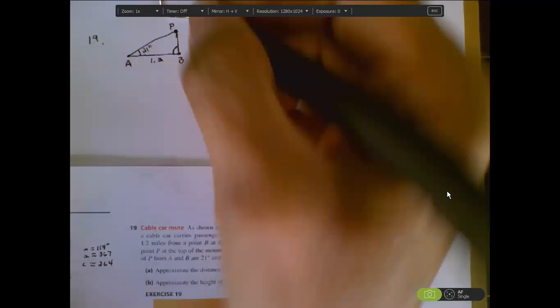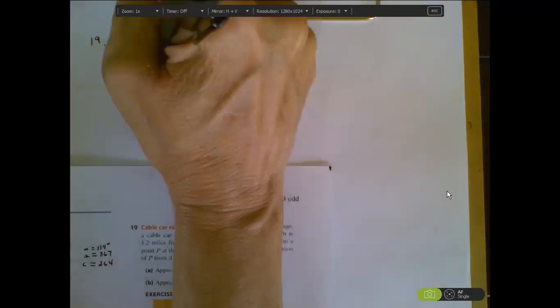But that doesn't matter as much as the fact that I get the angles labeled properly. It doesn't really matter if they look like a 65-degree angle or not. So did your picture look like that, Miss Kelsey? Yes. Okay, good. The A part says approximate the distance between A and P.